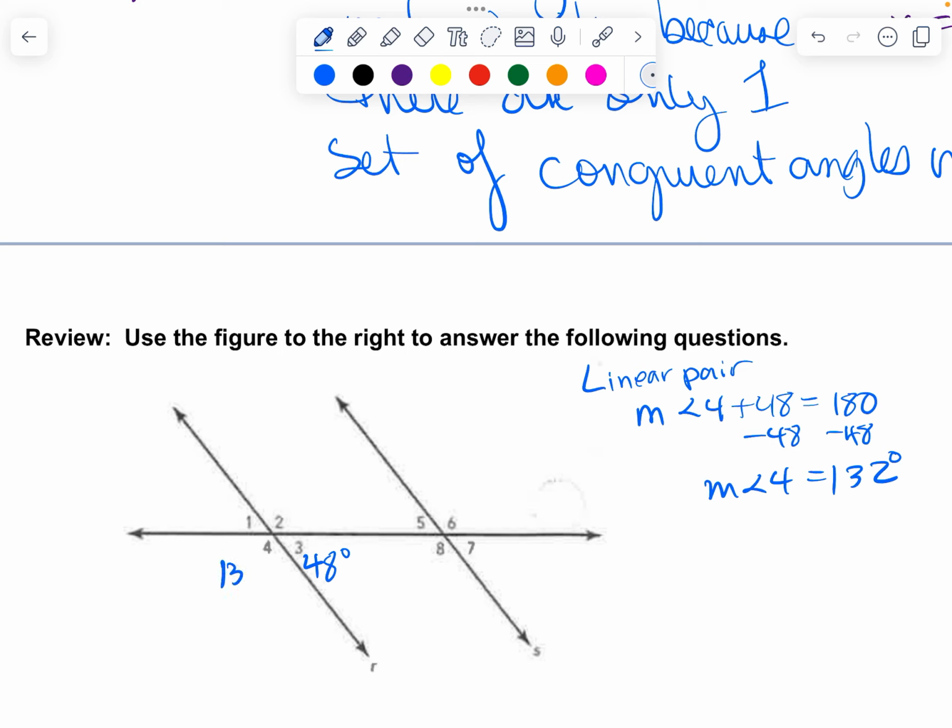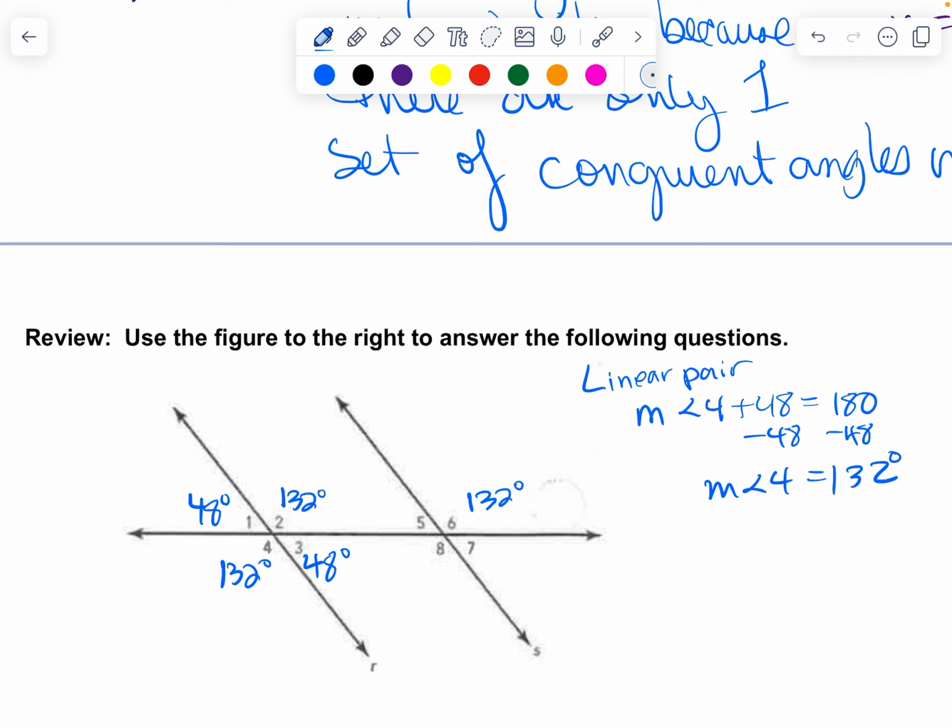Angle 1 and angle 3 are vertical angles, so they are congruent to each other. Angle 2 and angle 4 are vertical angles, so they are equal. Angle 2 and angle 6 are corresponding angles.